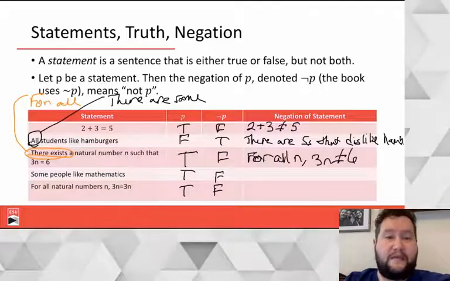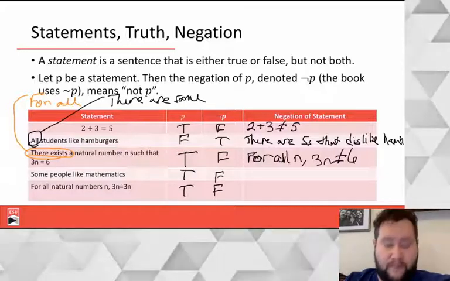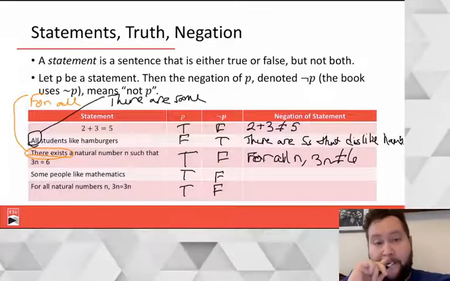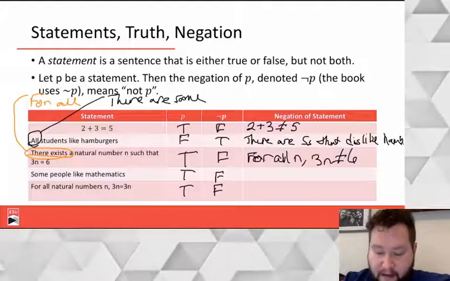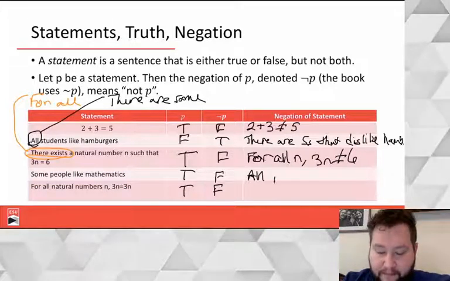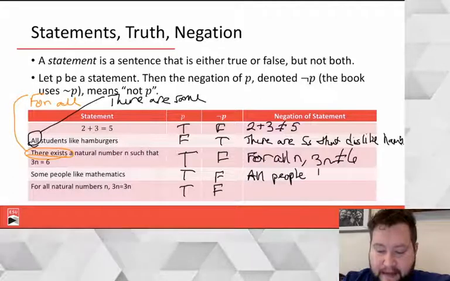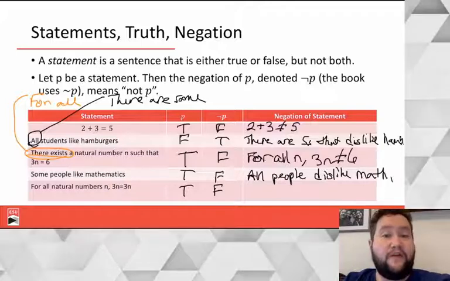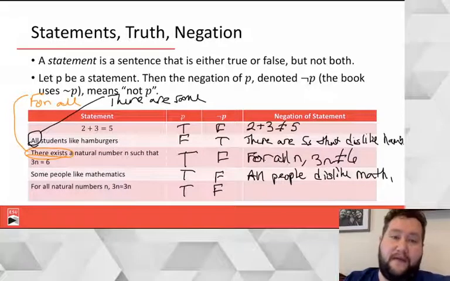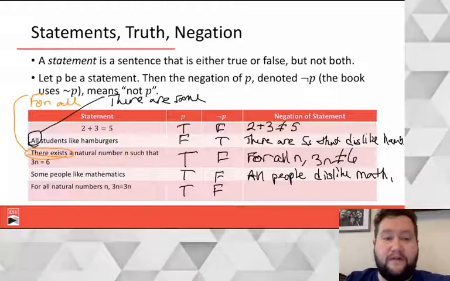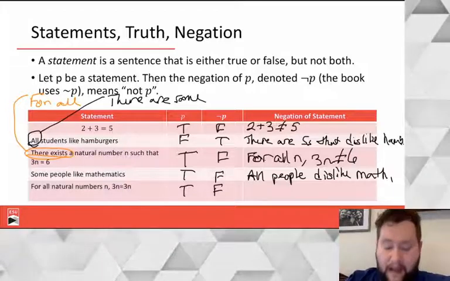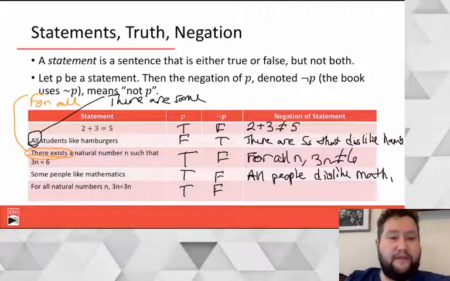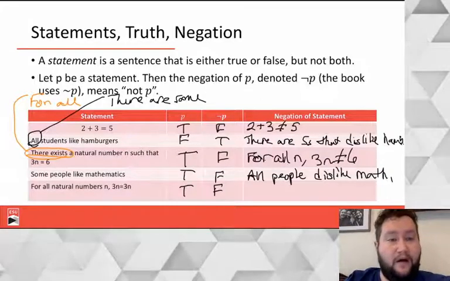Some people like mathematics is true. So just like there exists went to some, when we negate some, we say all people dislike math, right? Which we know is not true because, I mean, at least I like math and I'm a person, so there's a single counterexample. And then lastly, for all natural numbers n, 3n equals 3n. So the opposite of all is some.